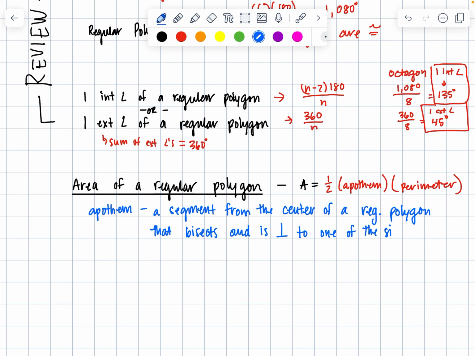So it is a perpendicular bisector to one of the sides. I'll show a diagram for this in just a second.